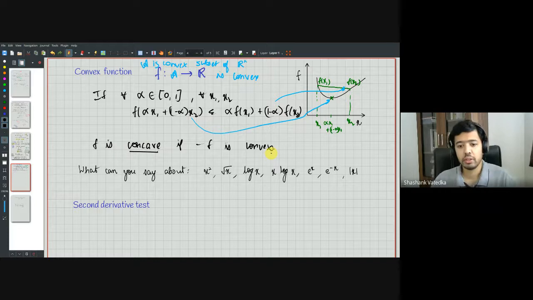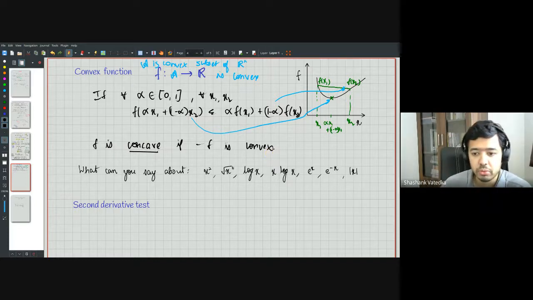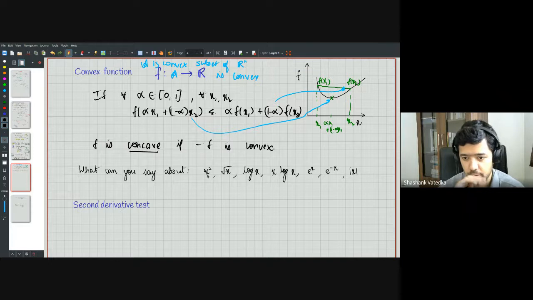All right. So what can you say about these functions? X square, is it convex or concave? Right.